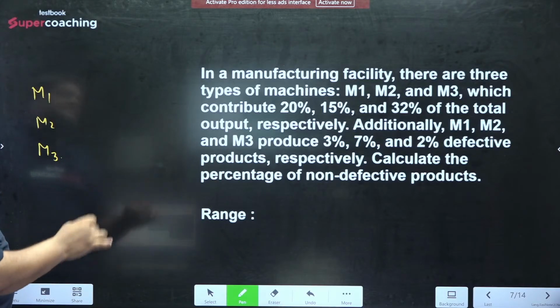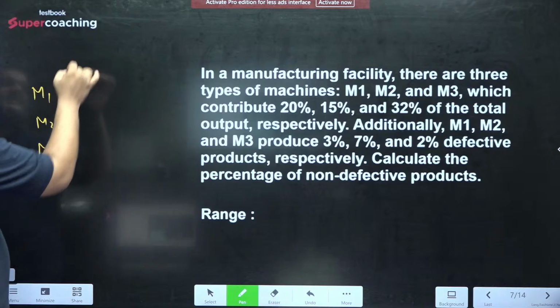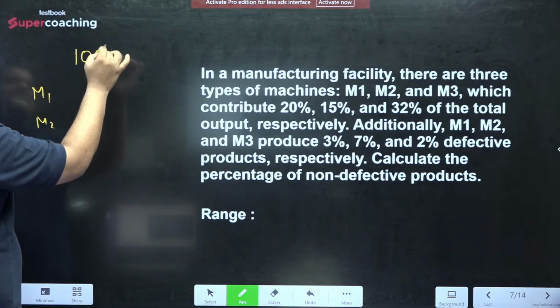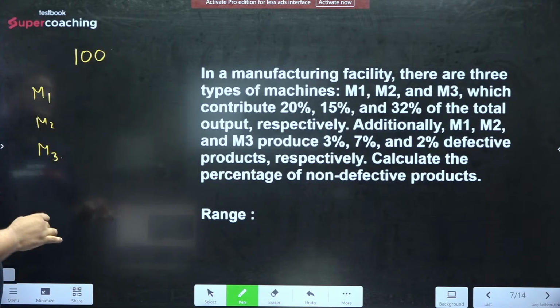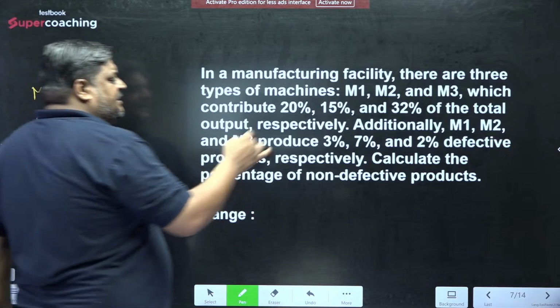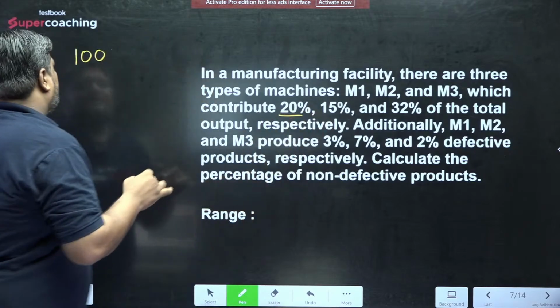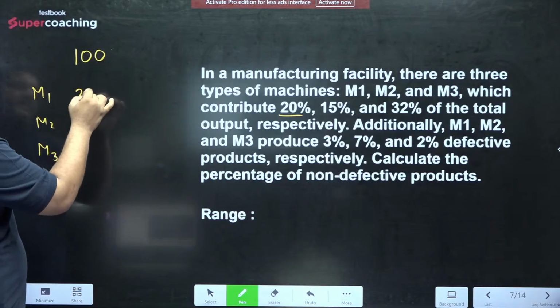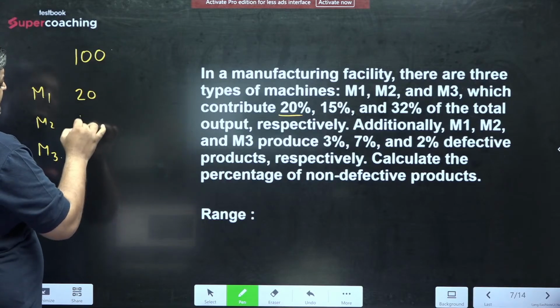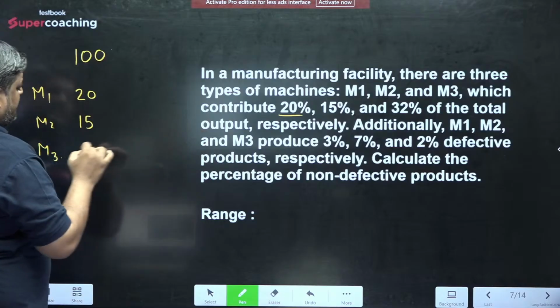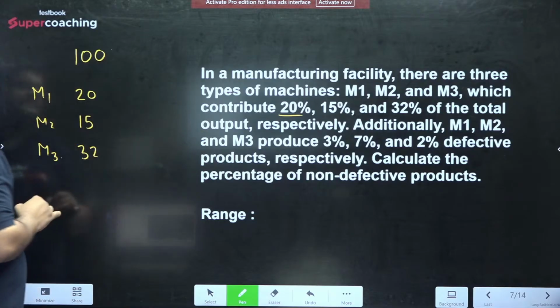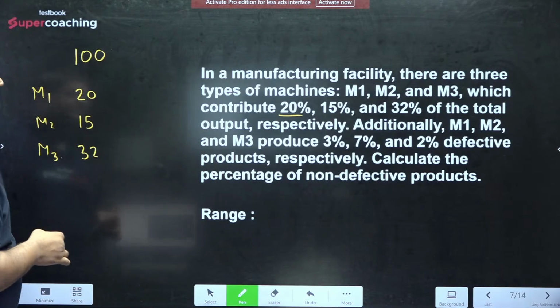Let's say that the total production is 100 units, तो M1 का production contribution क्या है बेटा, 20%, so M1 का contribution would be 20, M2 का contribution would be 15 and M3 का contribution would be 32, right.